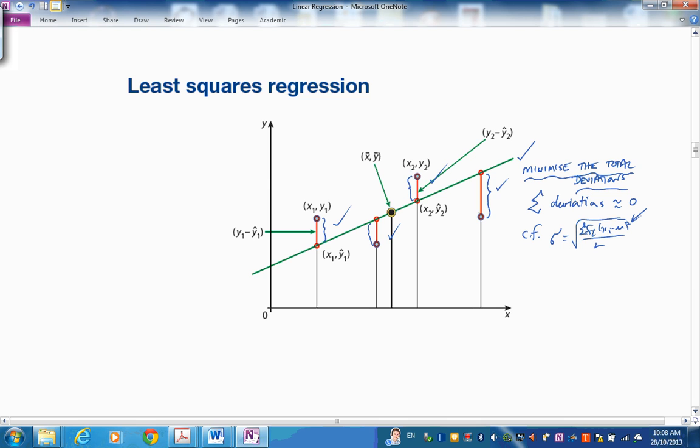So that's where least squares regression comes from. If we try to find directly the minimum deviations, they could all balance out, some above, some below. So we square the deviations away from the line, and then minimise that sum of squares. And that then will give us our least squares regression line.